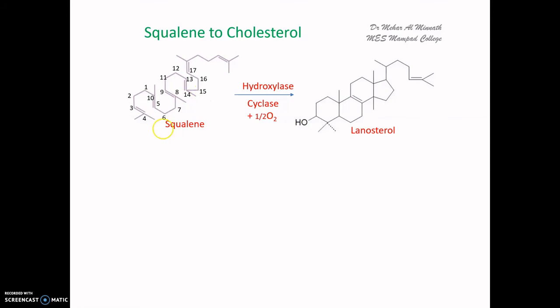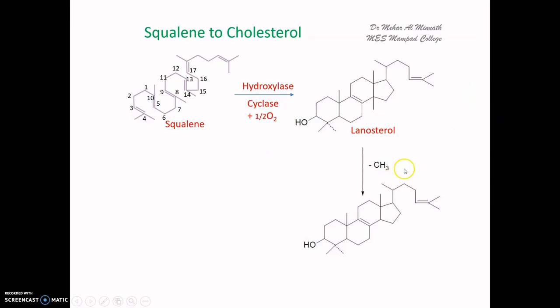Now, lanosterol has almost the structure similar to our cholesterol, not exactly, but almost the ring, etc. We have got the 3 six-membered rings and 1 five-membered ring formed. Now, in the next step, a methyl group is lost. The methyl group on carbon 14 gets oxidized and is lost in the form of carbon dioxide.